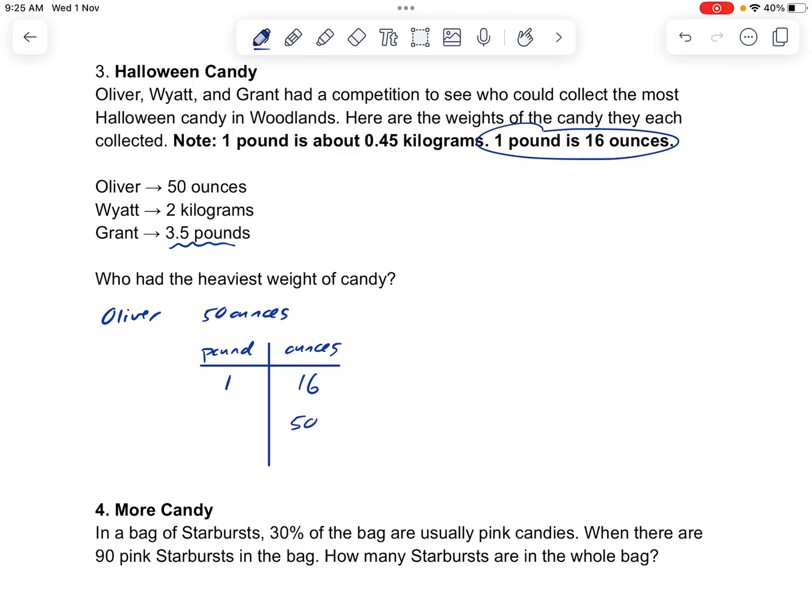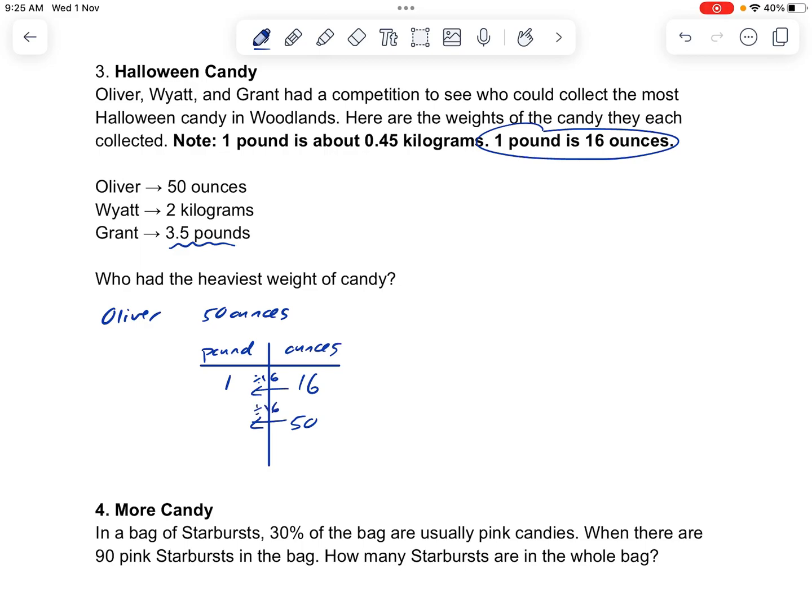So how do I get from 16 to 50? Well, that's not immediately obvious because it's not a whole number. So another way to think about this is by using that unit rate. How do I go from the right side to the left side? So what you do in this problem is you're going to divide by 16. So I'm going to do the same thing to the 50 to keep an equivalent ratio.